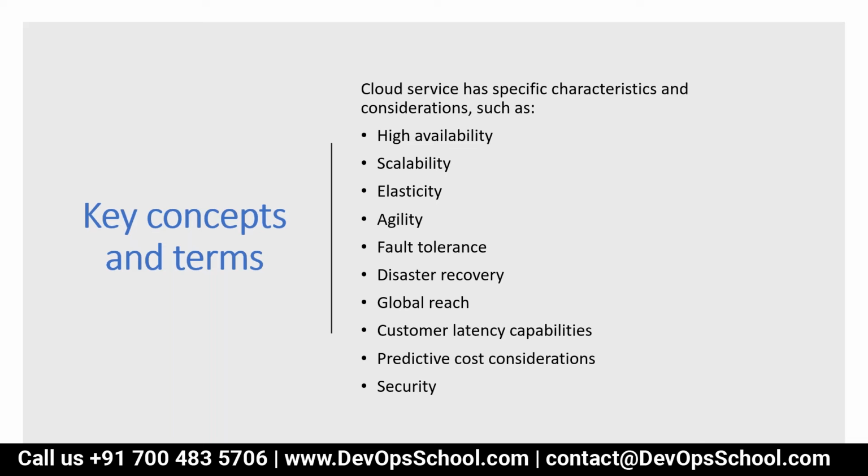We change the configuration and can add an external hard disk. How to attach a hard disk and all this, we will do in the labs. Don't worry. Right now, just try to understand in what context we use elasticity in the cloud, especially in Azure cloud. Here also we increase or decrease the configuration of the cloud system or cloud services according to our requirement.